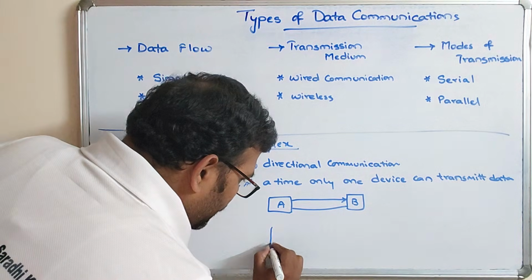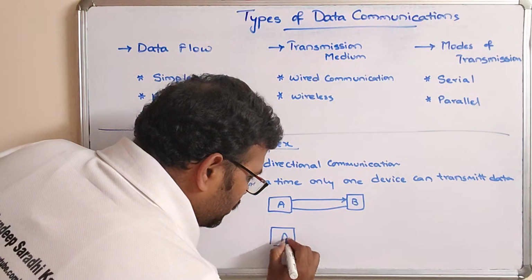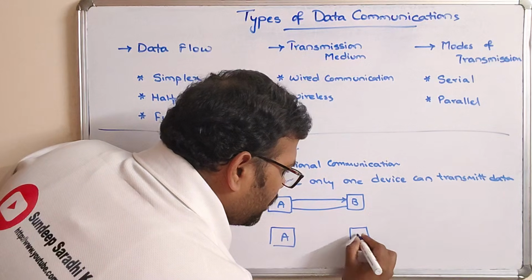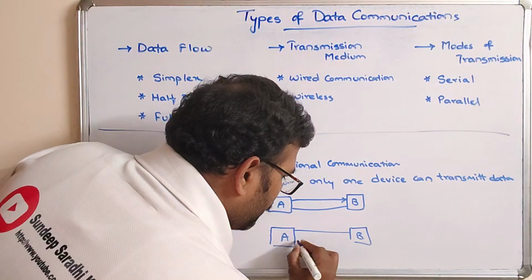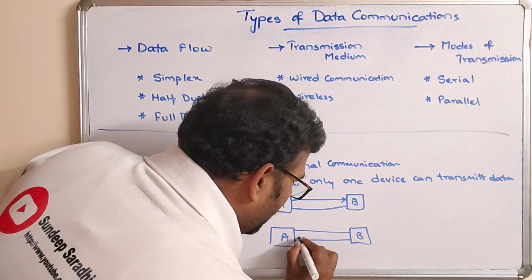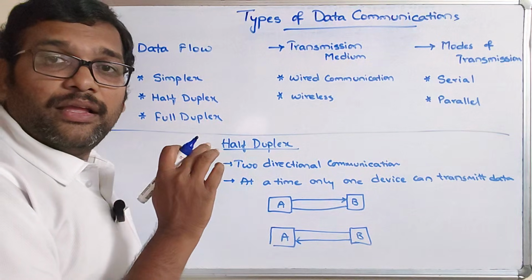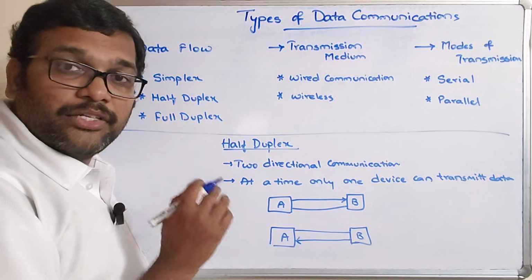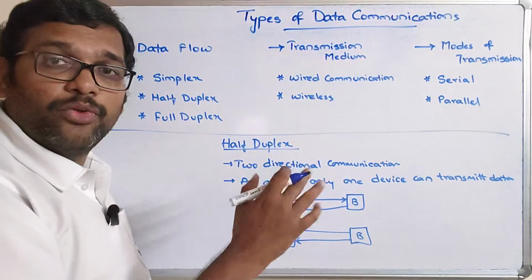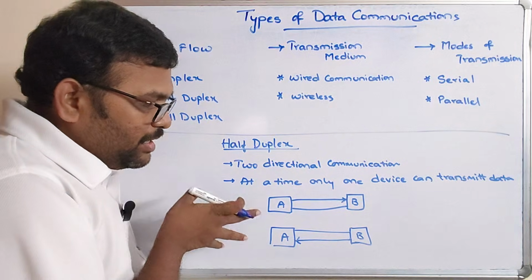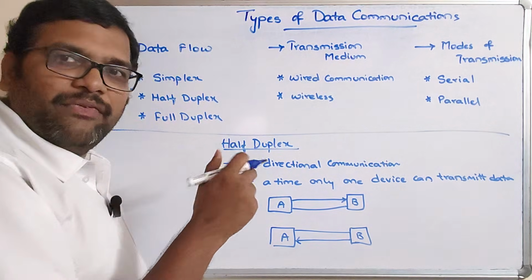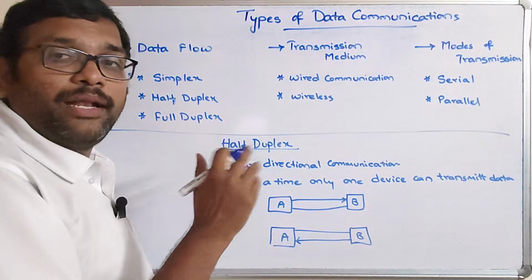Similarly, if B wants to transmit data to A, A should be in an idle state. A should not transfer data from A to B. So this is bidirectional. Both devices can communicate, but not at the same time.